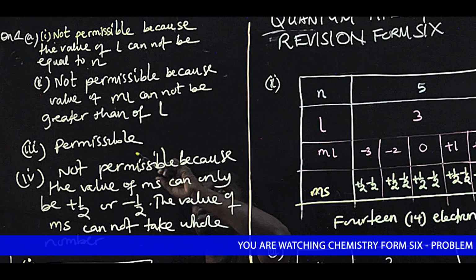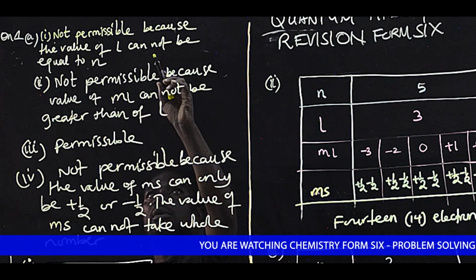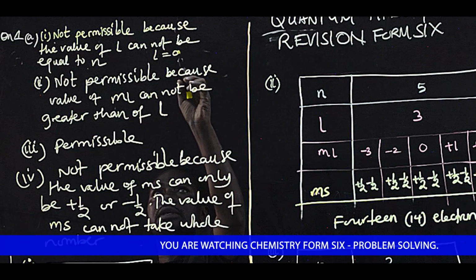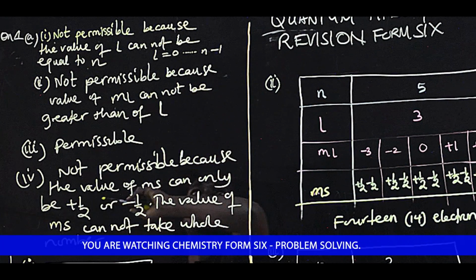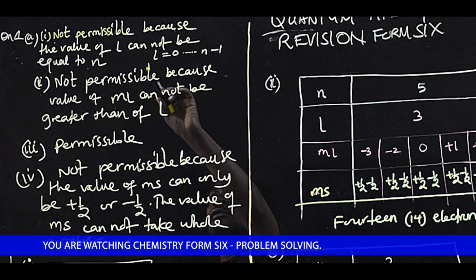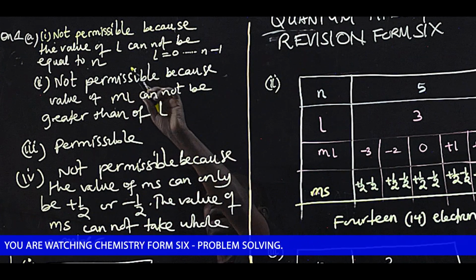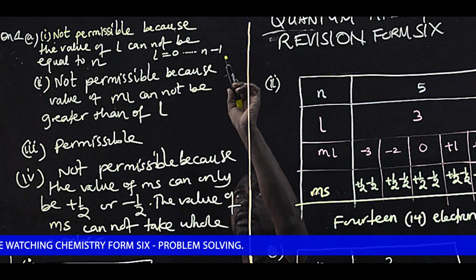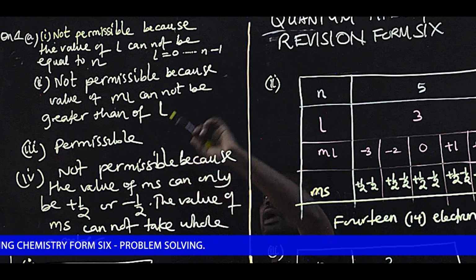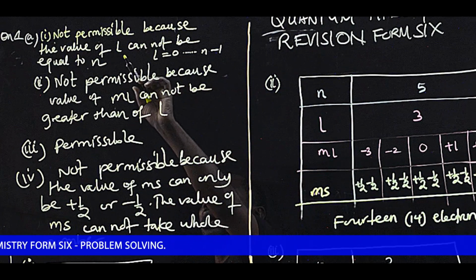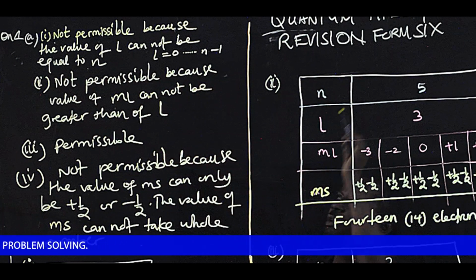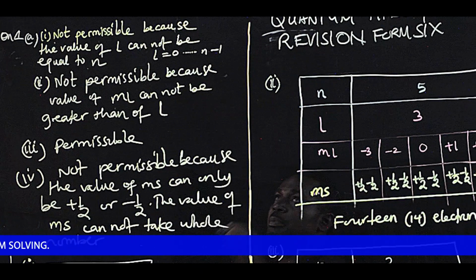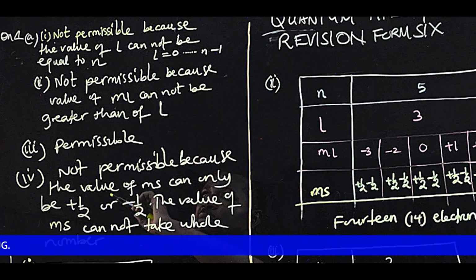Because the value of l ranges from 0 to n minus 1. So the value of l for n equal to 1 must be 0. The l given is 1, so the given set is not permissible because of l.